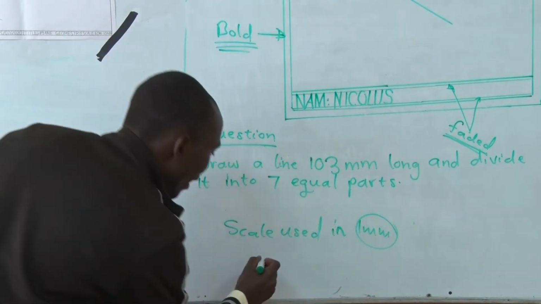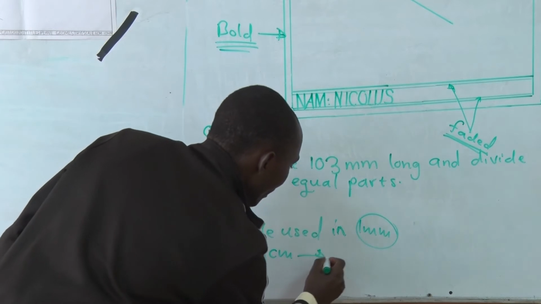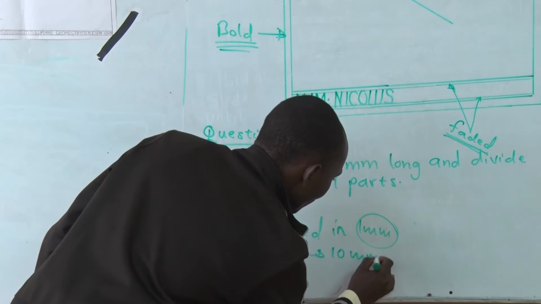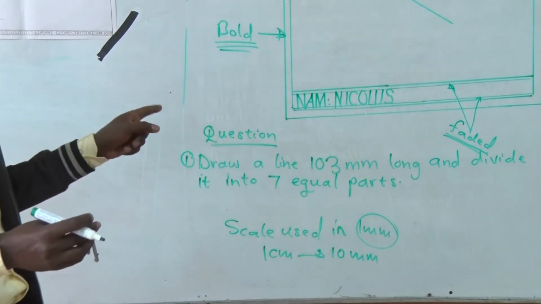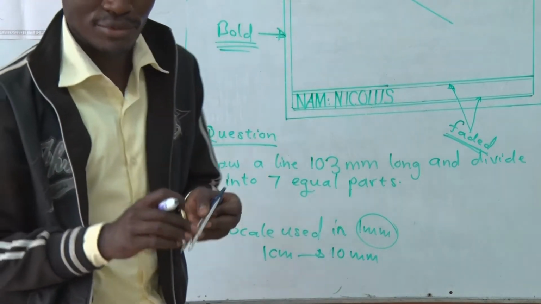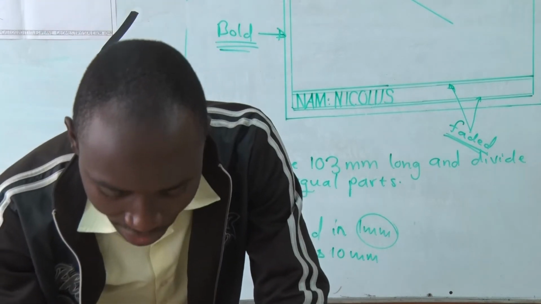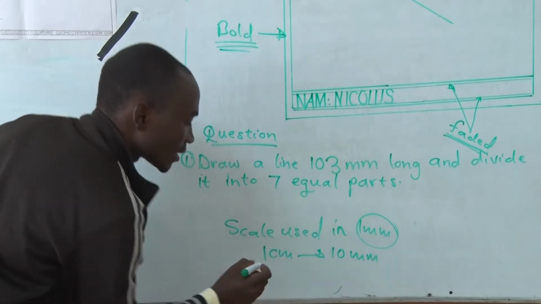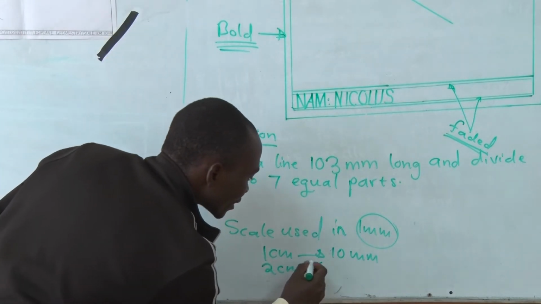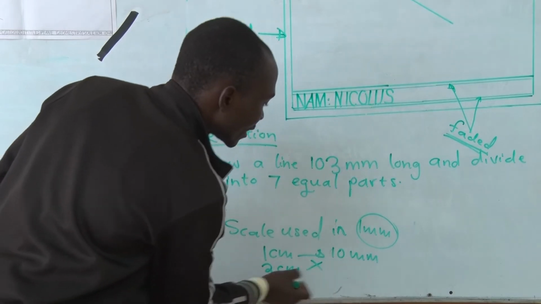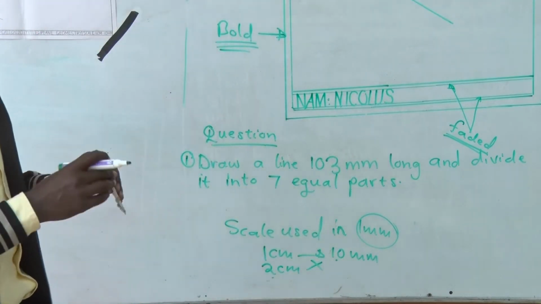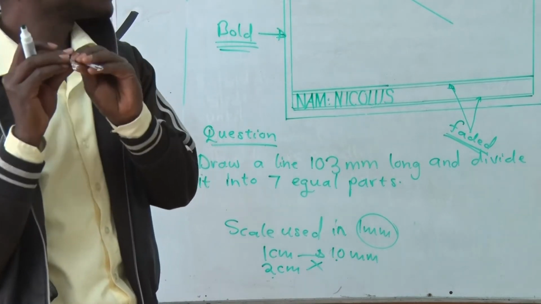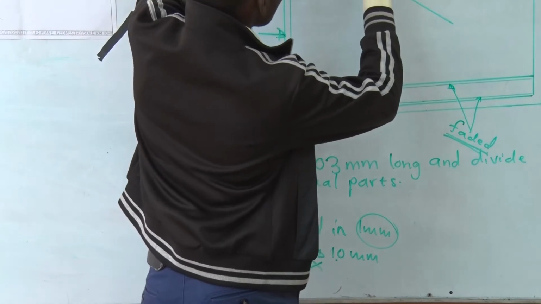You know that 1 centimeter is equivalent to 10 millimeters. So if you have been told to measure 20 millimeters, you just measure 2 centimeters from your ruler, then convert it. If you cross multiply, you will get 20 millimeters. So you will measure 20 millimeters using this, then you transfer it onto this line.